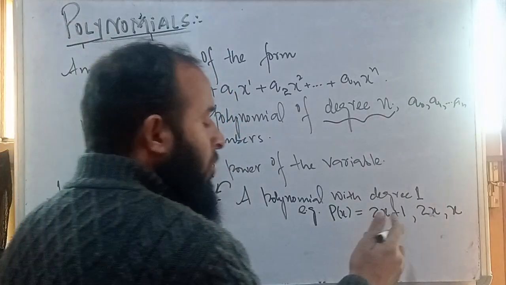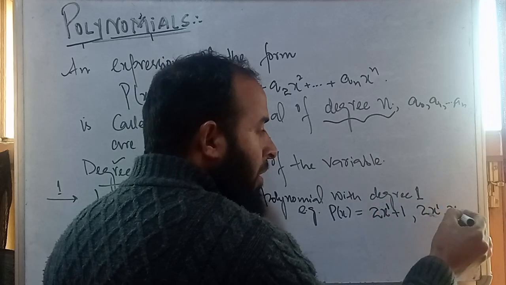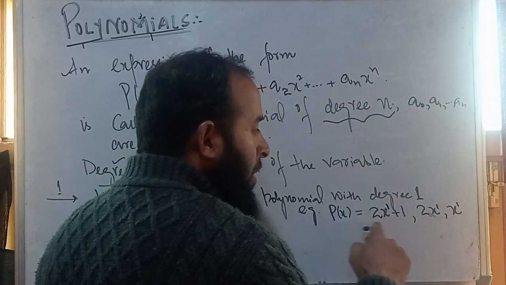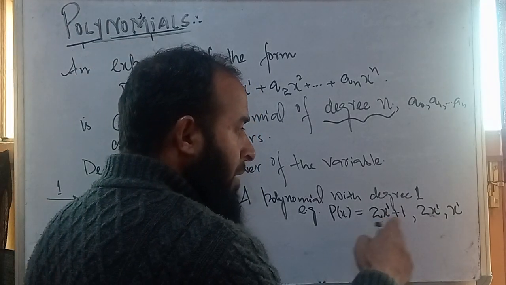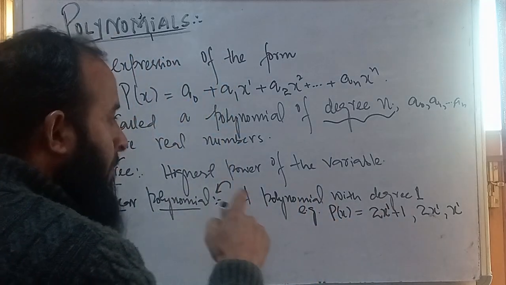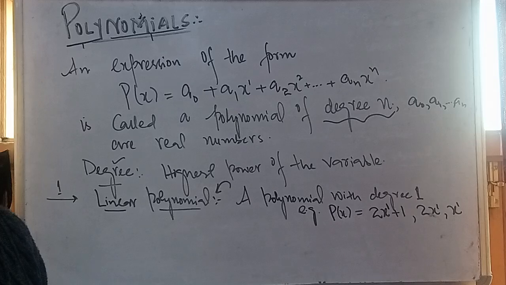So here you will see the degree of the polynomial is always 1. That means the highest power of the variable is 1. A polynomial with degree 1 is called a linear polynomial.